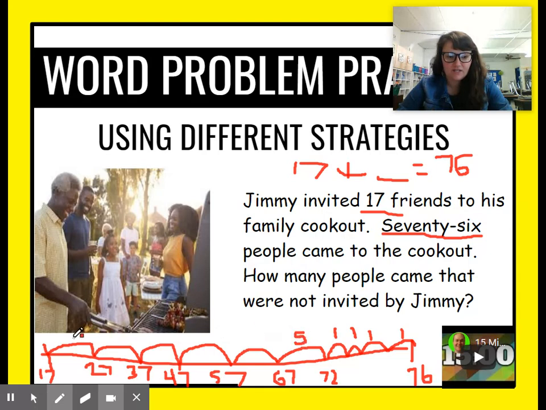And then we have 10, 20, 30, 40, 50, 55, 56, 57, 58, 59. So it looks like 59 is our answer. Let me know what kind of strategy you used to solve. Go ahead and write that down.